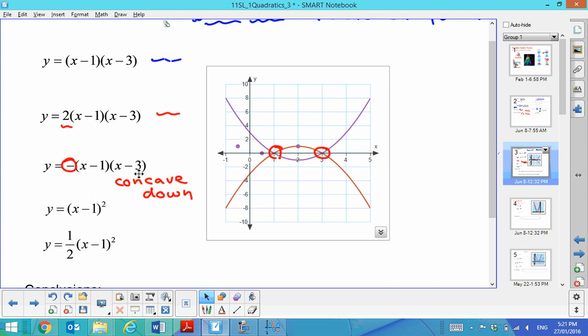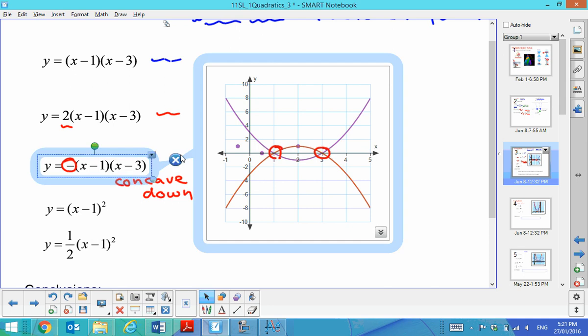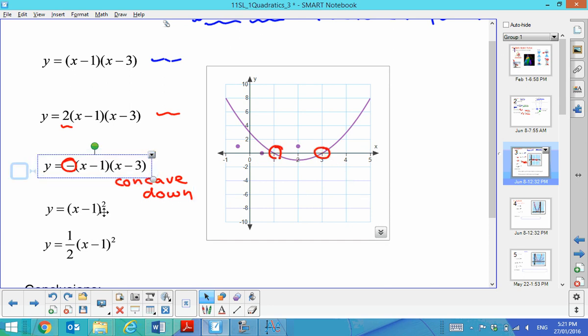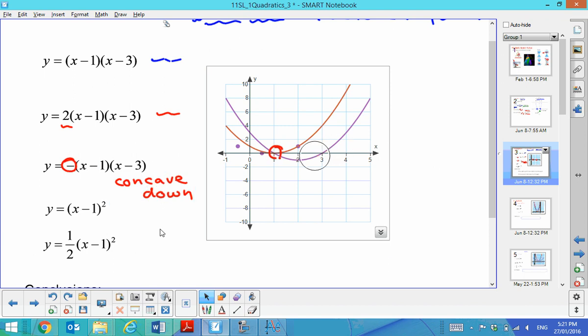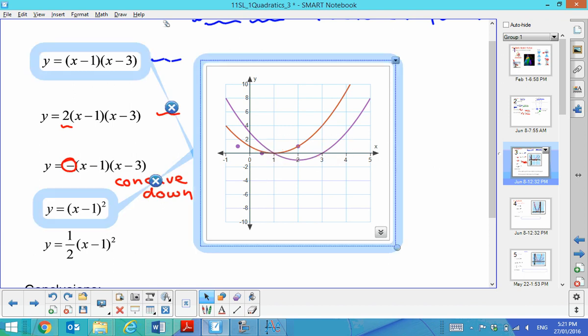If I disconnect that one, so you could be doing this all on your calculator and looking and see what happens. Here we've got just one factor, a repeated factor. And we see it's concave up, but we only get one solution, whereas before we had 2.